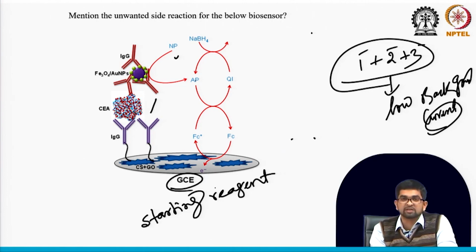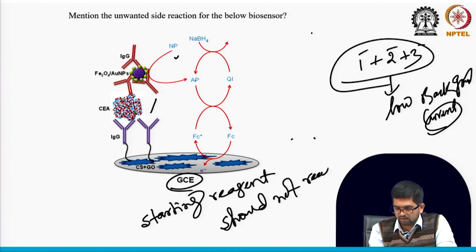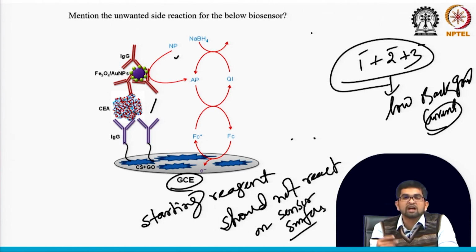This is even a glassy carbon electrode, just a transducer surface. So, on that surface, each starting reagent individually should not react on the sensor surface, right.